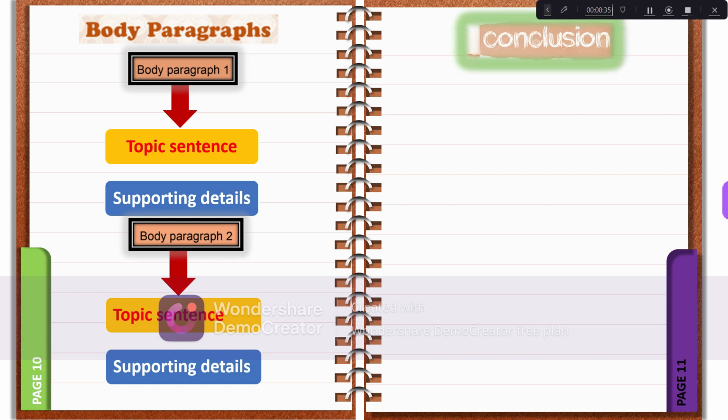And last but not least, the conclusion. What is the aim of writing a conclusion? The conclusion wraps up your essay, and it is what you leave with your reader. You can add suggestions, you can summarize the thesis statement, or you can add a recommendation for the reader to follow according to your piece of writing.